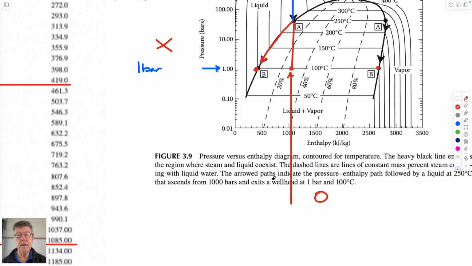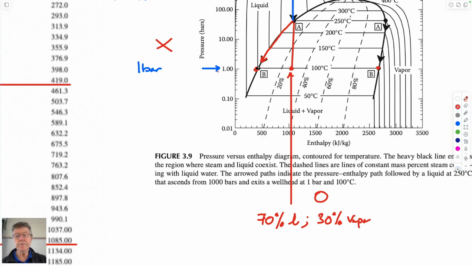This is 100% water, so it's going to be something like 70% liquid and 30% vapor.